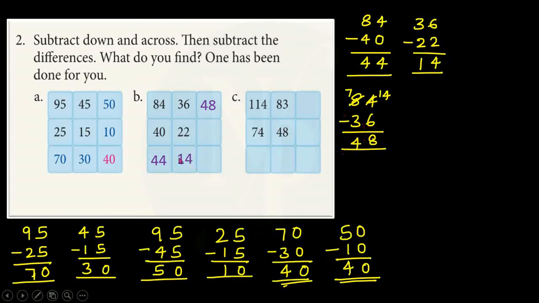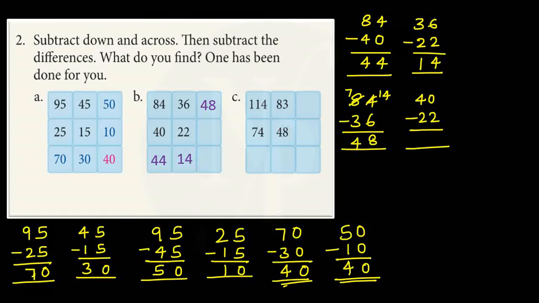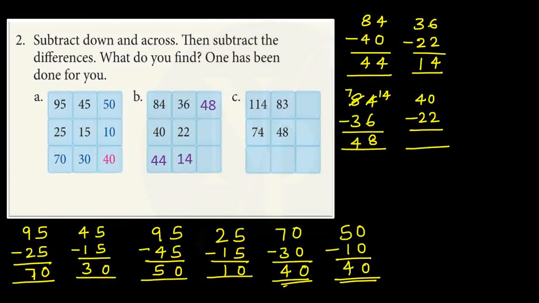So now we have to find 40 minus 22. 0 minus 2 is not possible. Regrouping is needed. Make this 3 and make this 10. Now subtract 2 from 10, you get 8.